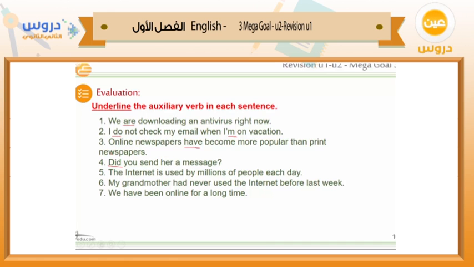Number 5. The internet is used by millions of people each day. Is. Number 6. My grandmother had never used the internet before last week. Had. Number 7. We have been online for a long time. Have and been.